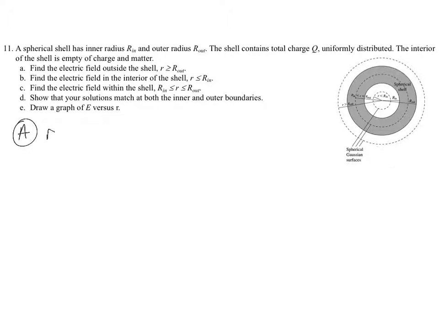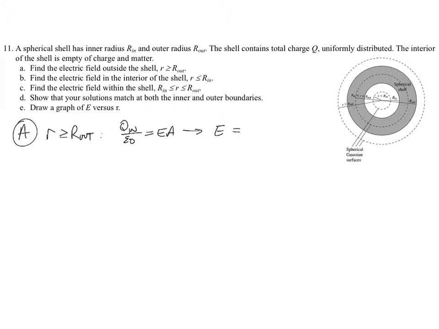Do some setup here. So let's talk about the R greater than R out, part A. And so once again, spherical stuff. So Q enclosed over epsilon naught equals EA. This is sort of old news by now, at least I hope it is. And so the area is going to be another 4 pi r squared.